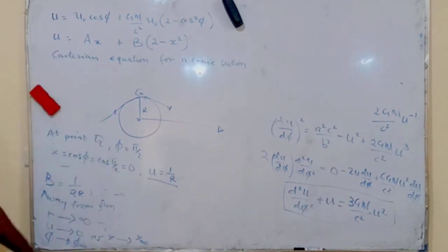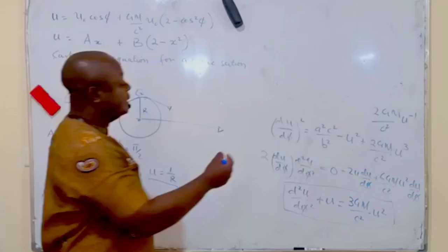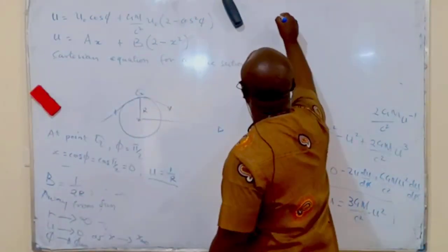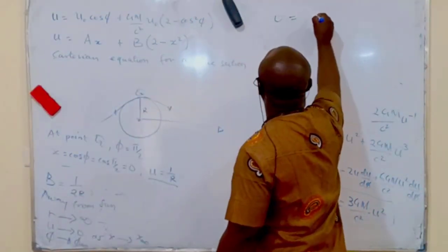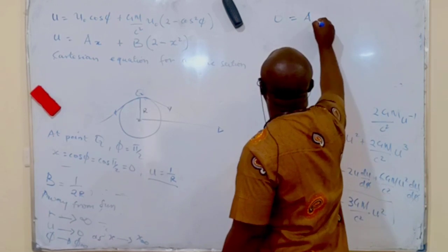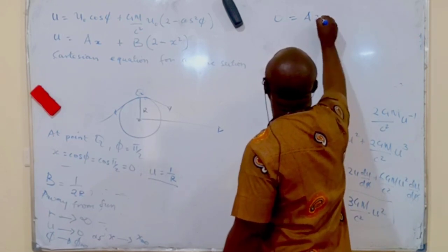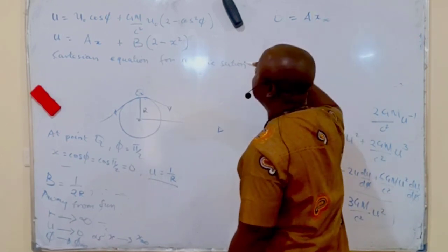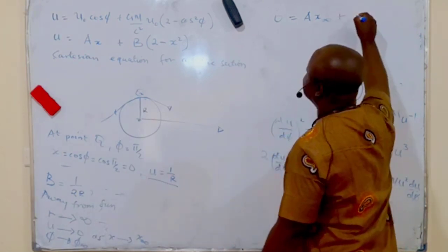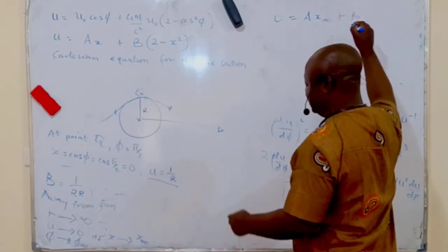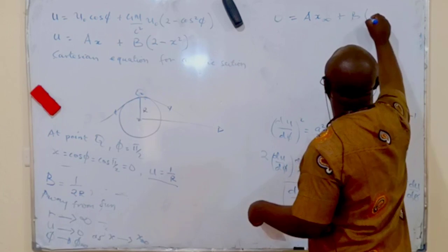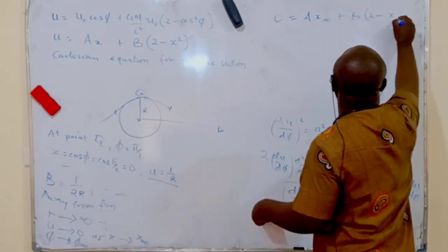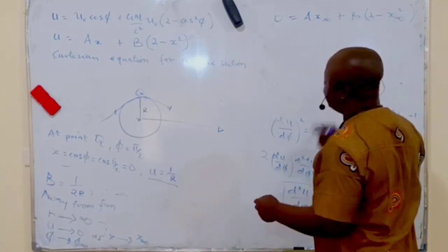So we substitute them into our equation, and we have 0 equal to a x of infinity plus b, into 2 minus x of infinity squared.